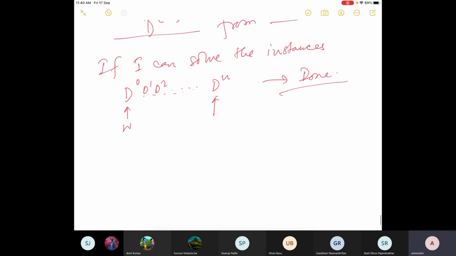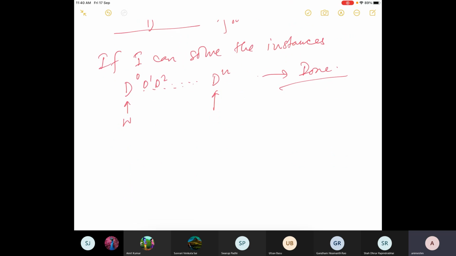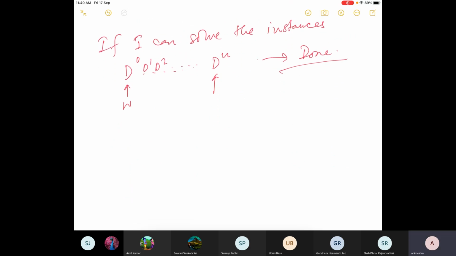In order to establish this recursion, we have to carefully note that there are two cases that are possible.